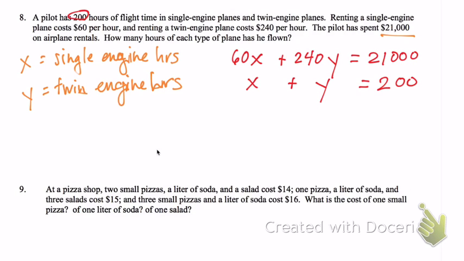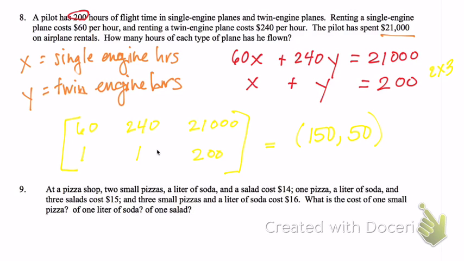So to set up a matrix, first of all, what would my dimensions be? A 2 by 3, because I have 2 rows and 3 columns. So 60, 240, 21,000, 1, 1, 200. What do I get for my answer? 150 and then 50.